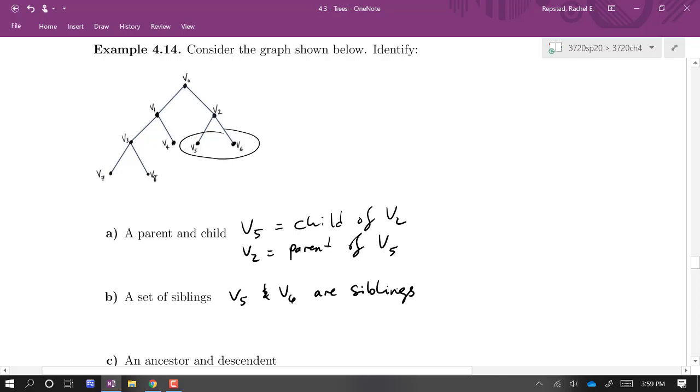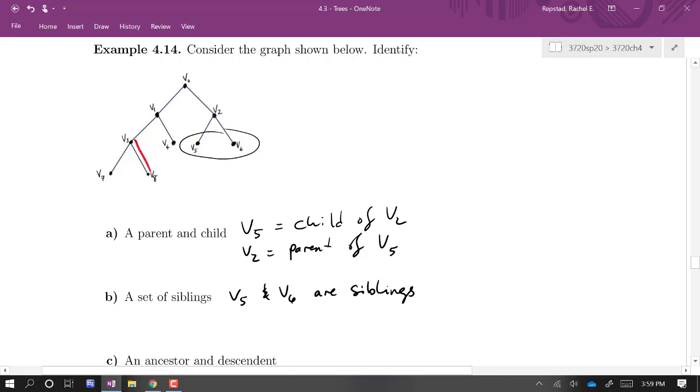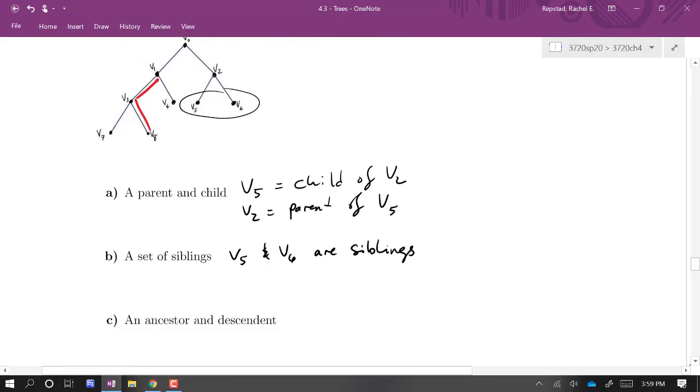An ancestor and a descendant. So maybe look at V8 to V1. That's path 2. I could make it path 3 and go all the way up to V0. But we know that V1 is an ancestor of V8.